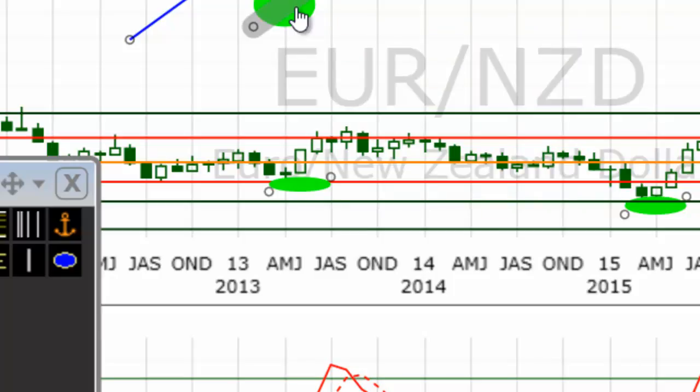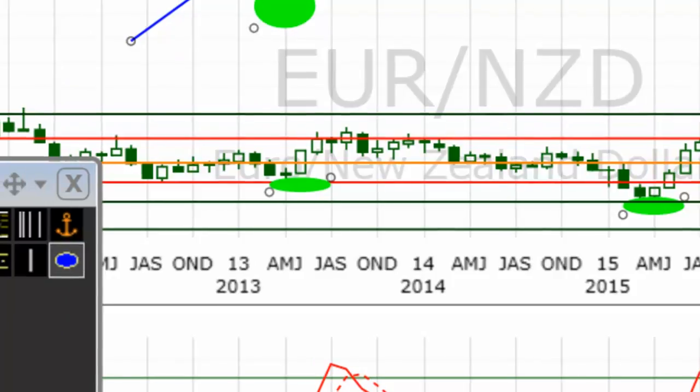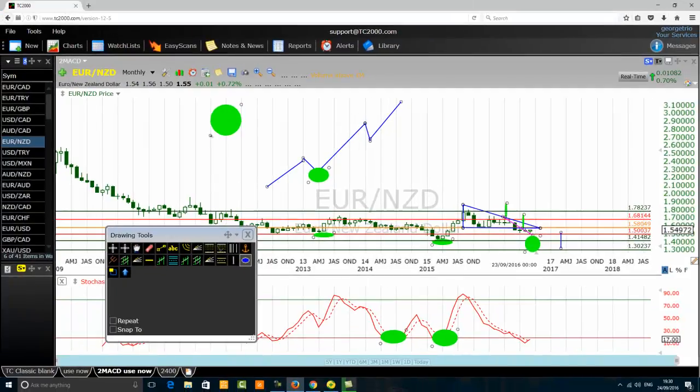The financial instrument that we are looking at is the Euro New Zealand dollar. All right, the Euro New Zealand dollar is positively correlated to the Euro US dollar. Why? Because if you are trading Forex, you should understand the correlation between currency pairs.